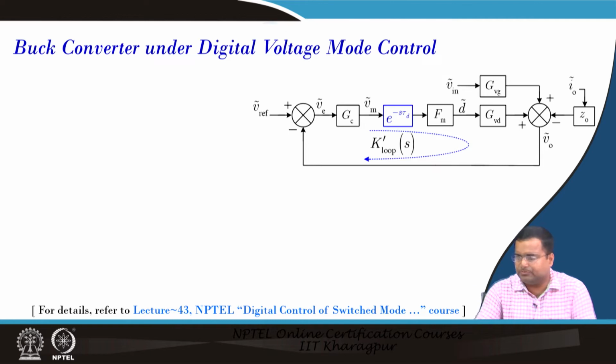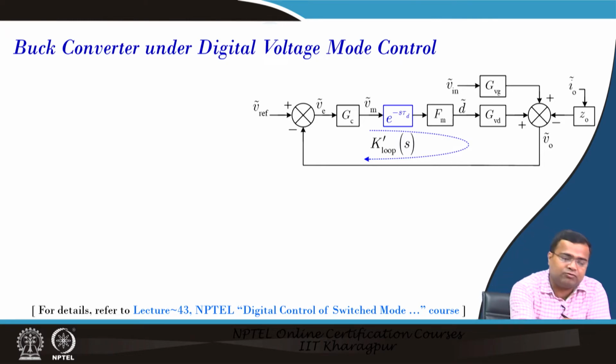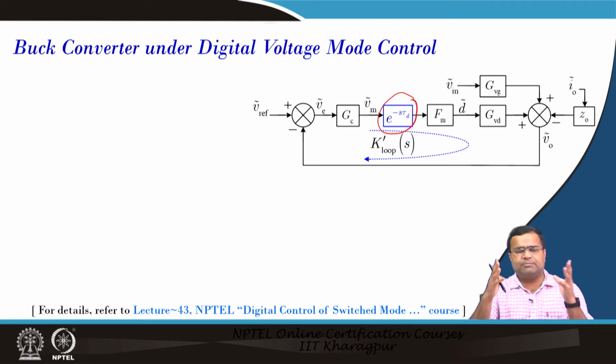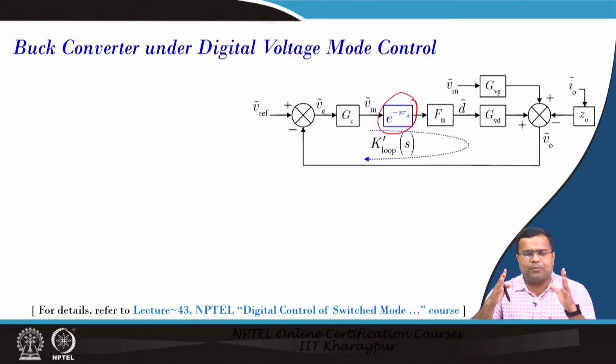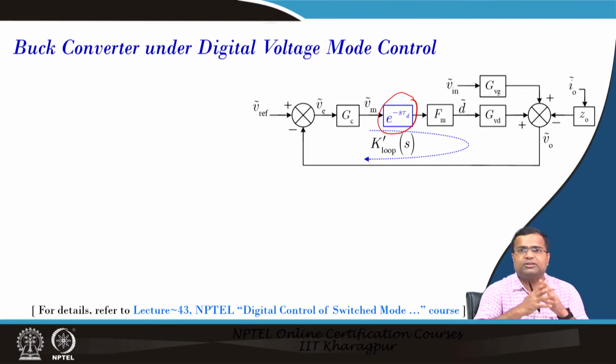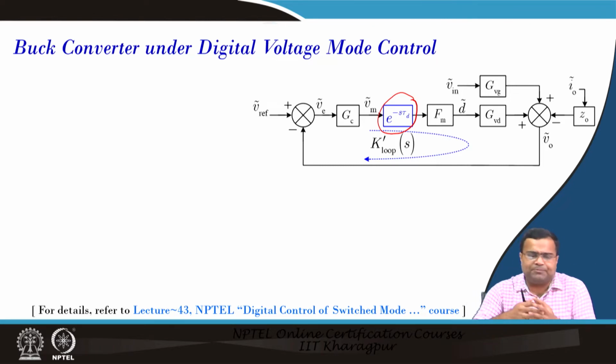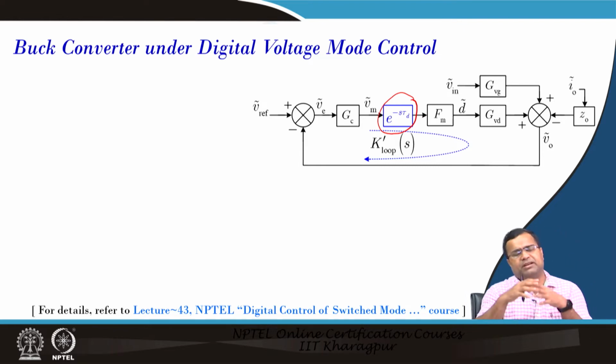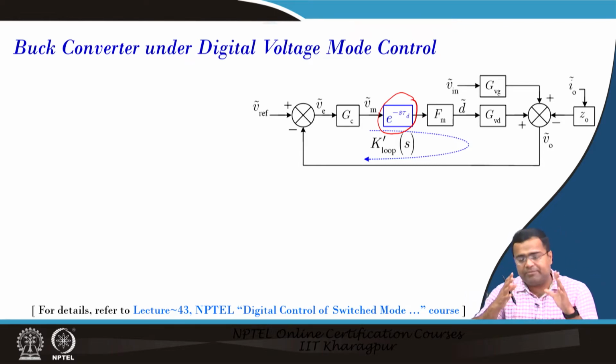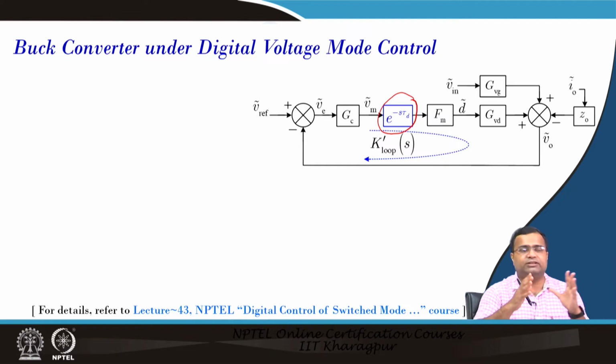And this was referred to in lecture number 43 of this course, on how we can take this design for digital voltage mode control. In digital voltage mode control, we have considered the small signal model of the analog voltage mode control along with an additional delay. As long as you operate close to 1/10 of the switching frequency, if you just incorporate this delay, it is very accurate and matches nicely with the accurate discrete time model.